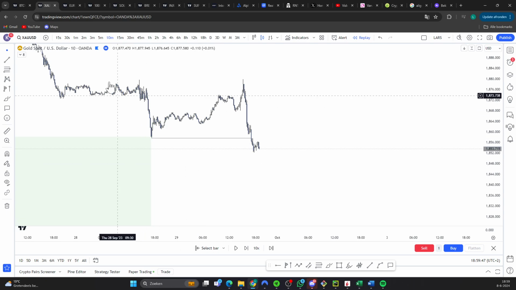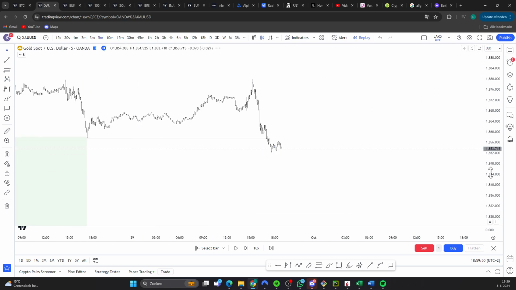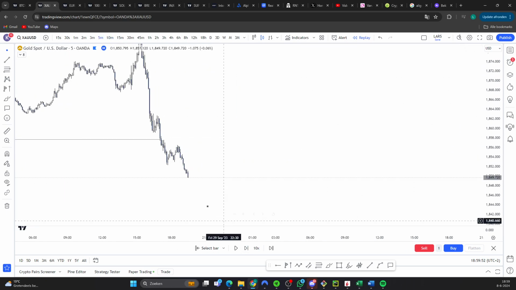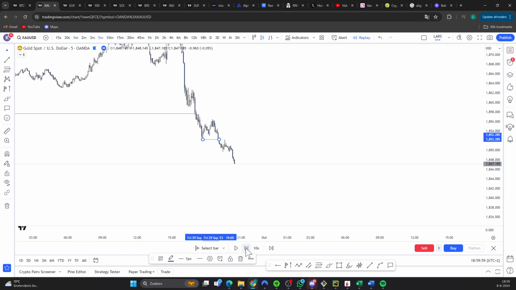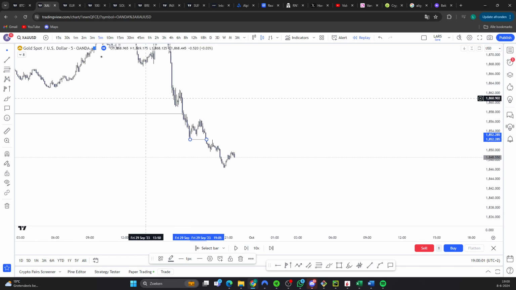Just bearish price action, market structure trending down. Again, bearish break. More bearish breaks.